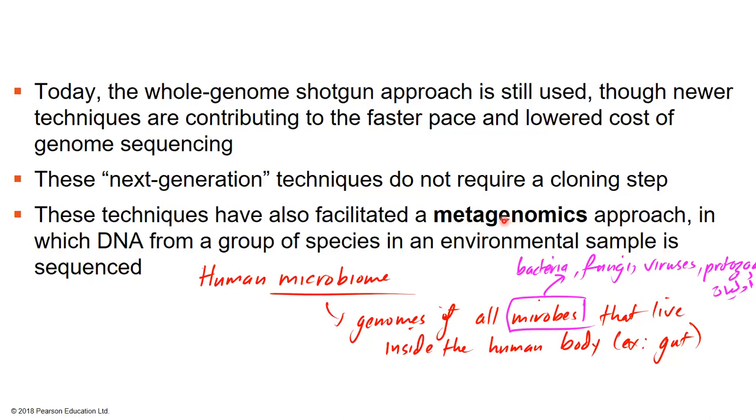So in metagenomics, this is basically sequencing the genomes of more than one organism at the same time for the purpose of determining the identity of these organisms. We have also, for example, something called the microbiome. The microbiome is basically the DNA of the organisms that live inside our bodies.